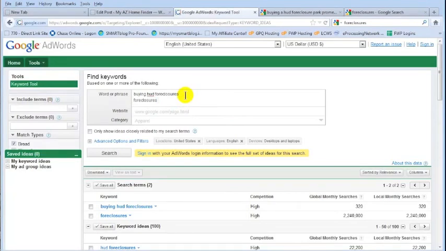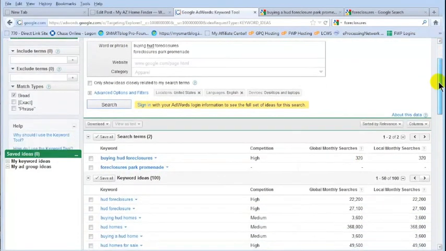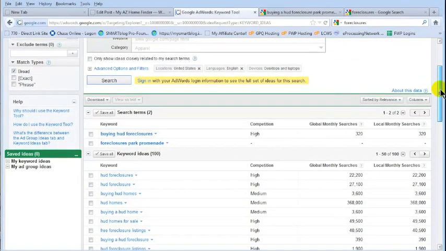So let's do Park Promenade. So no results. My question is, if you write an article about that, does that mean that no one is searching on foreclosures Park Promenade?